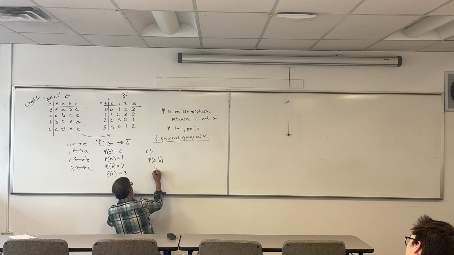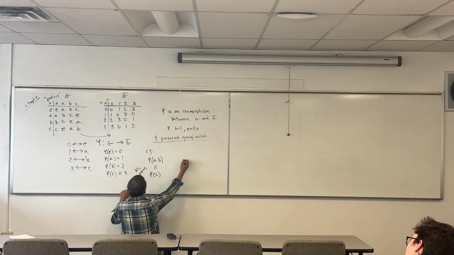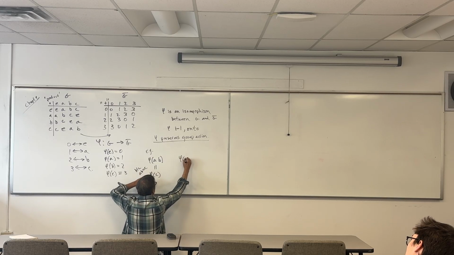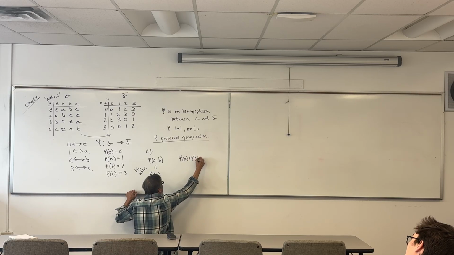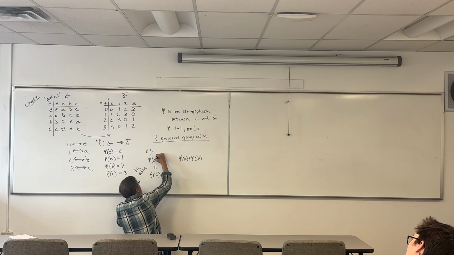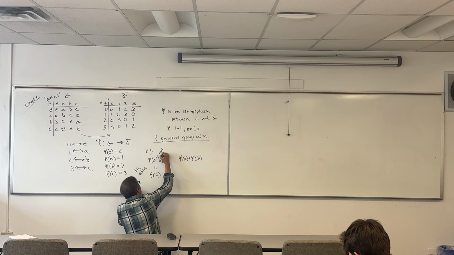So this is phi of C, just because A times B does equal C. We know that. Let's look over here at phi of A plus phi of B. Notice here, the input is inside the parentheses, so this is the input operation.